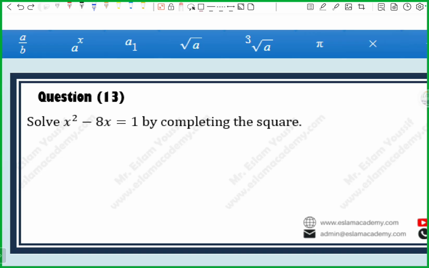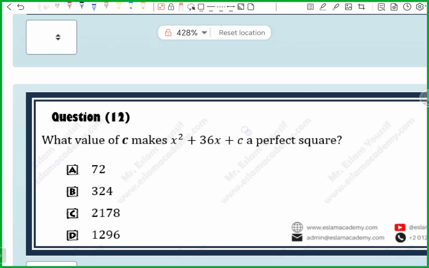Trinomial means an expression formed from how many terms? Three. Can you see three terms here? No, so we still need one missing. How can you find the missing term? That is the missing term.